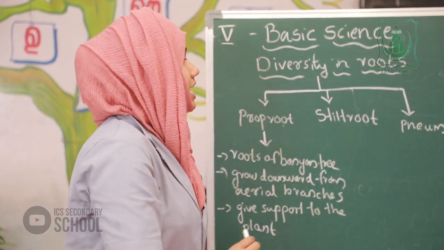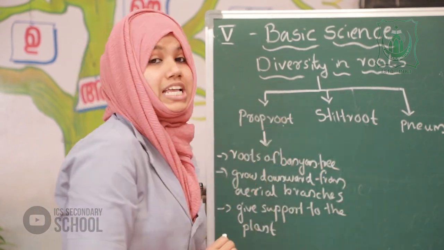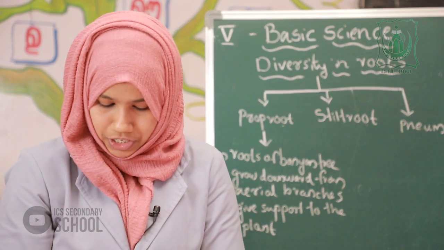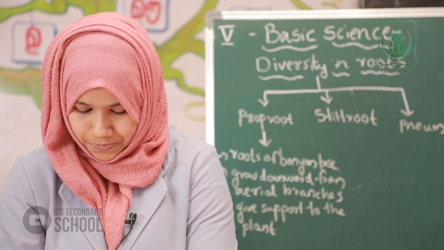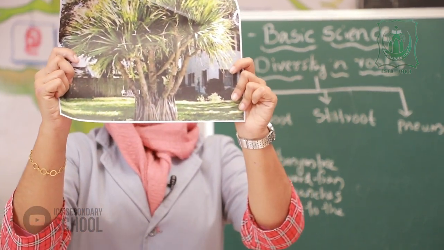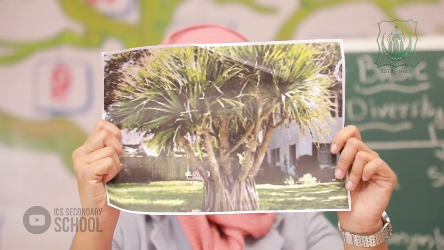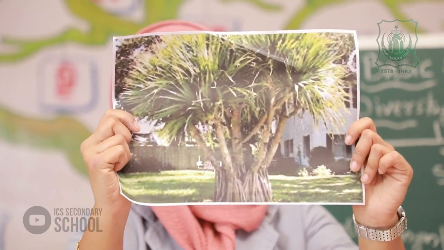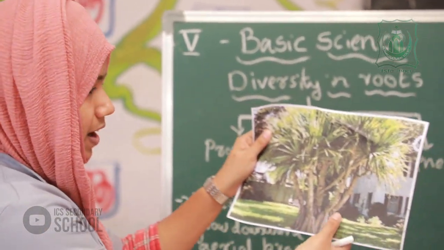The next one is stilt root. I will show the picture. Which plant is this? Can you identify? This is screw pine, commonly known as kaida.